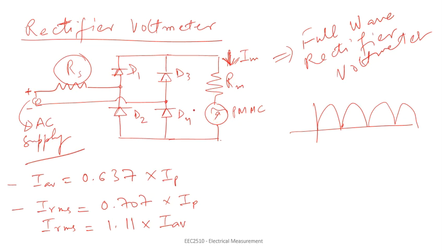This type of arrangement will have to be provided, and this is nothing but a full wave rectifier, so that it becomes a rectifier voltmeter. Although the instrument is PMMC, since we are using this rectifier arrangement in the circuit, it can be called a rectifier type instrument or rectifier voltmeter. Now let's see one example problem.